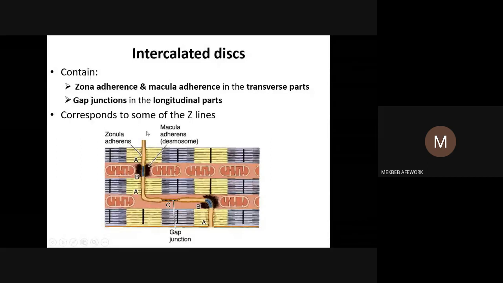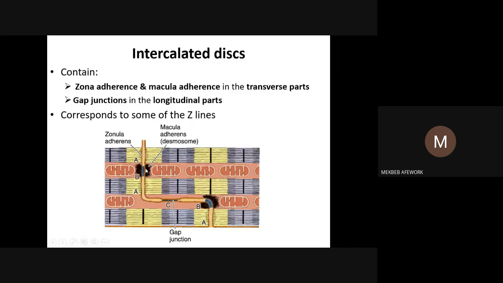The intercalated disc looks like a small transverse line under light microscopy. Under electron microscopy, it can be resolved to have a transverse limb and a longitudinal limb. The transverse limbs, which cut across the muscle, usually correlate with the Z disc.